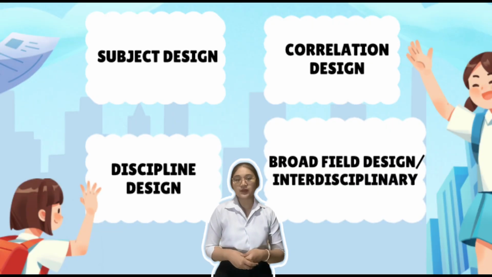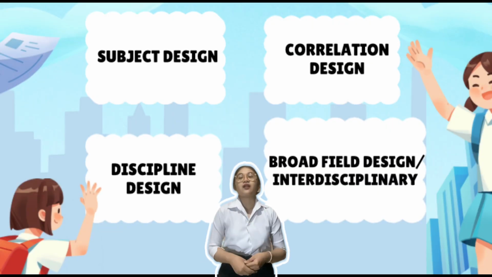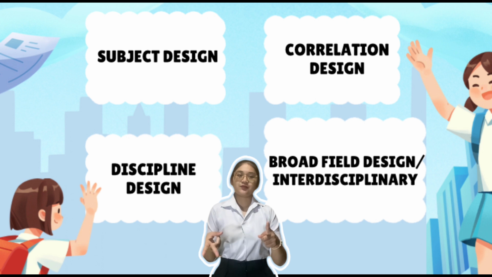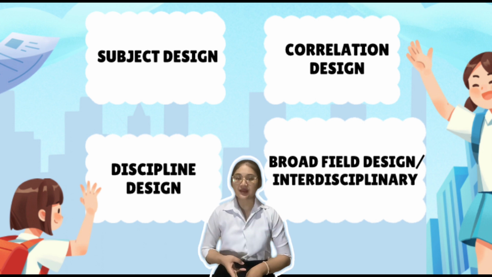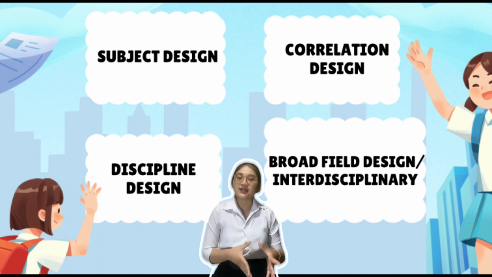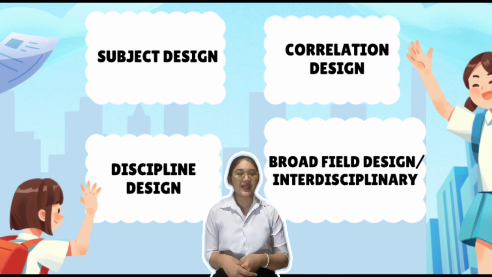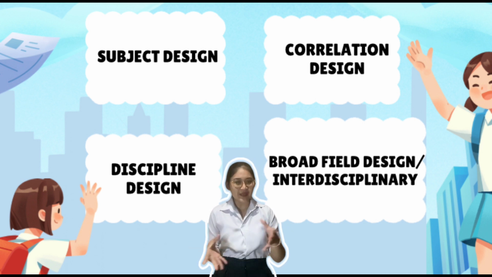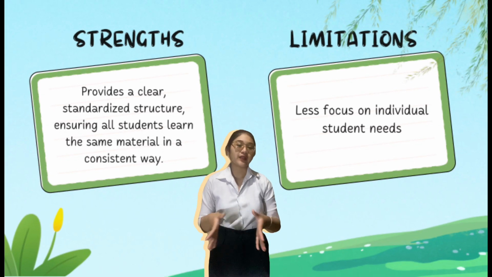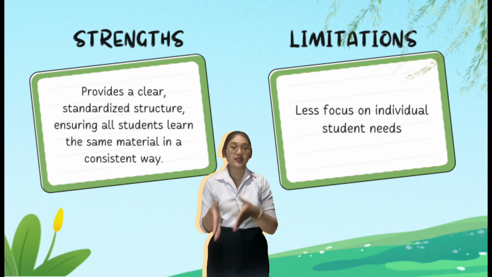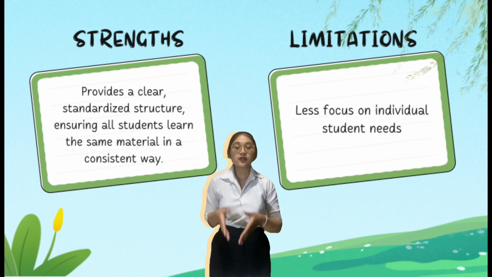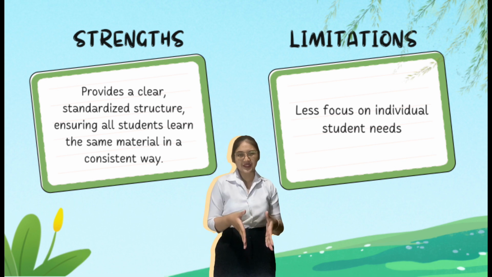Some common examples of this model are subject design, discipline design, correlation design, broad field design, or interdisciplinary, and etc. So many actually. You guys know that everything in this world has a strength and limitation. Curriculum also has a strength and limitation.